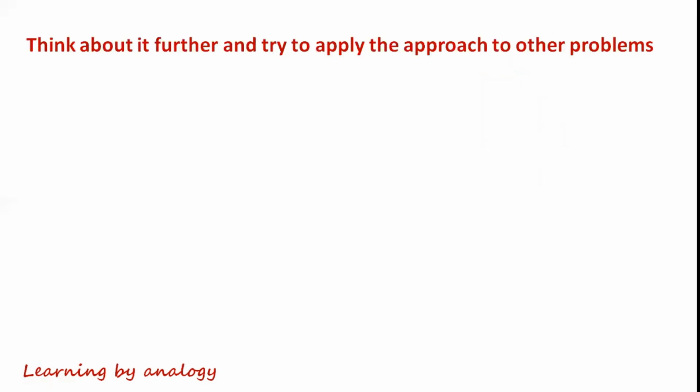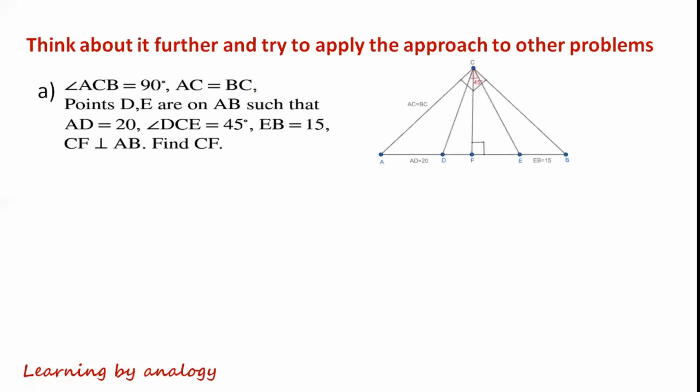Think about the thought process for the previous question further and try to apply the approach to other problems, such as this one. Angle ACB equals 90 degrees. AC equals BC.